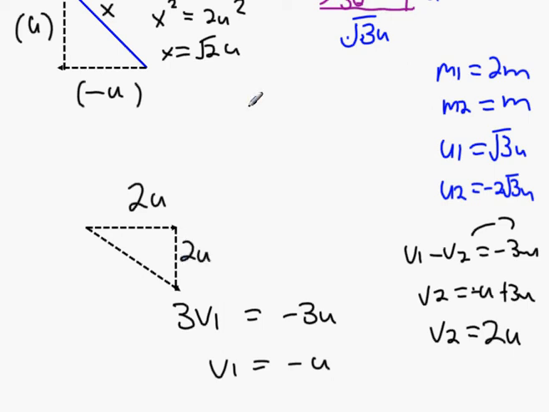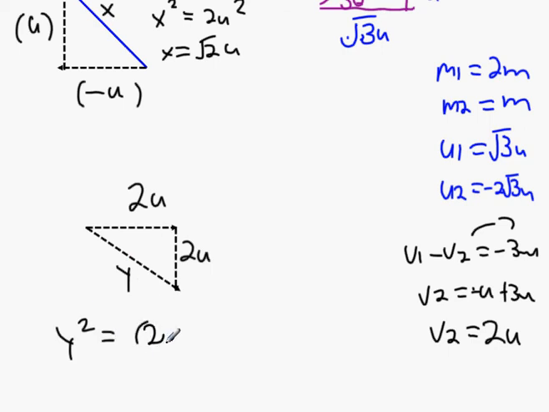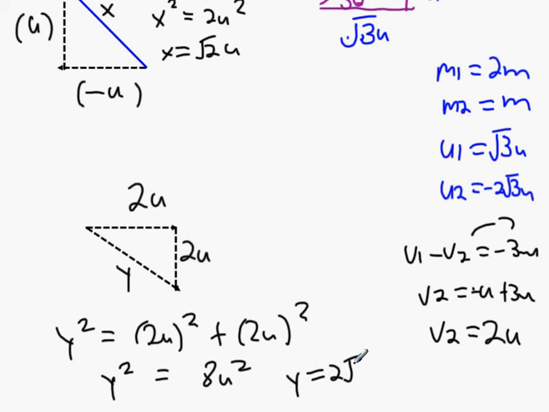So what we're going to do here is we're going to square both of them and add them together. So y squared equals 2u squared plus 2u squared. Y squared equals 8u squared. Y equals 2 root 2 u. Root 8 is 2 root 2. Okay, so that's our two speeds there.